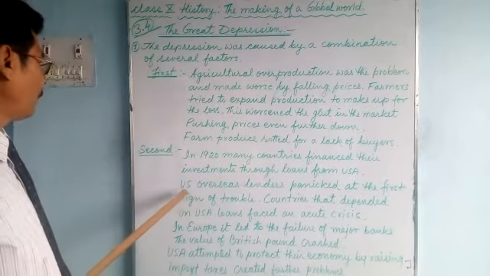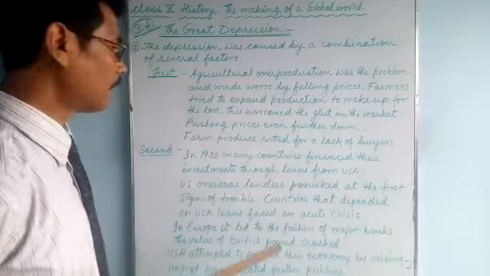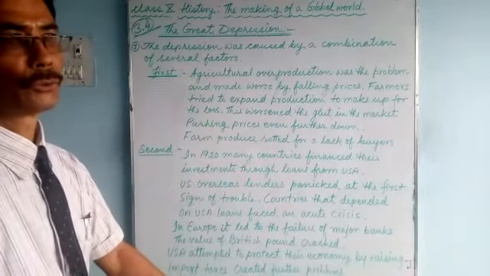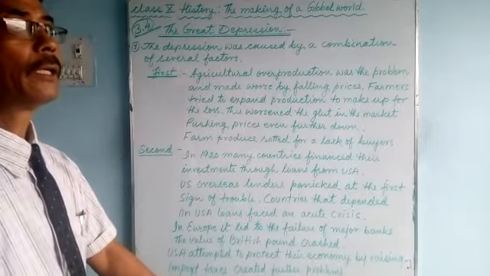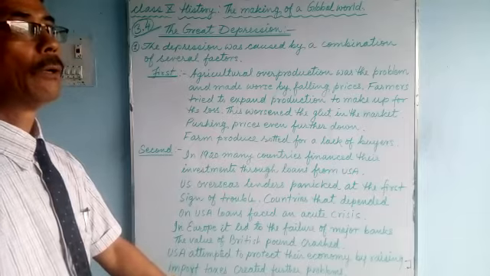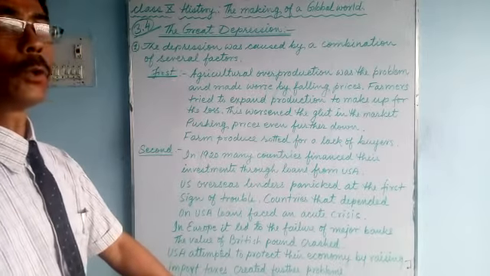So, US overseas lenders panicked at the first sight of trouble. America and its companies abroad panicked at the first sight of the problem. What was the first sign? All the European countries were taking loans from the banks.